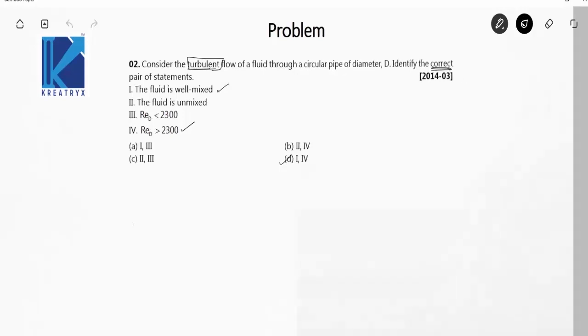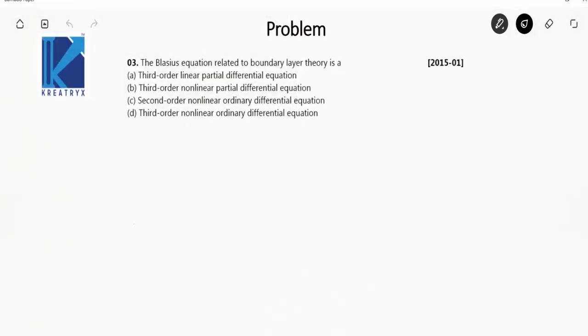Next question. The Blasius equation related to boundary layer theory is d cube f by d eta cube plus f by 2 d square f by d eta square. This is the Blasius equation.